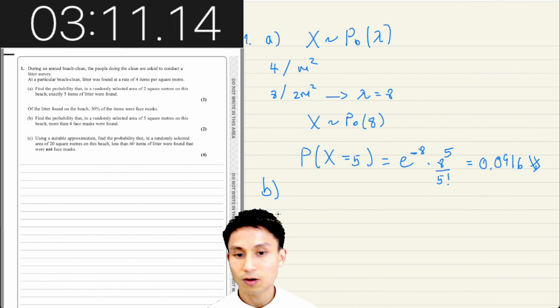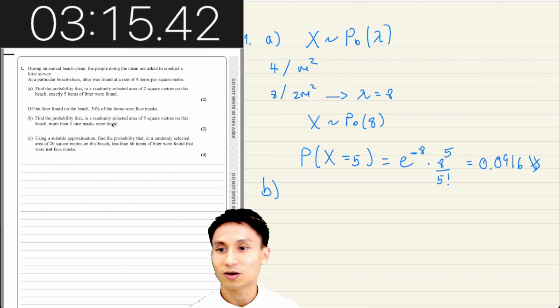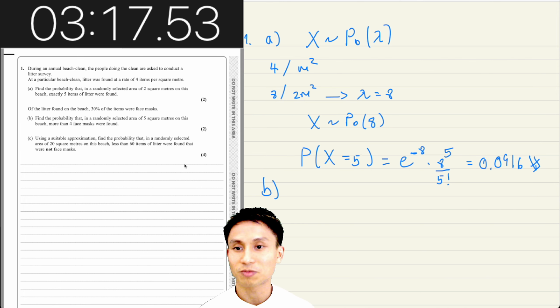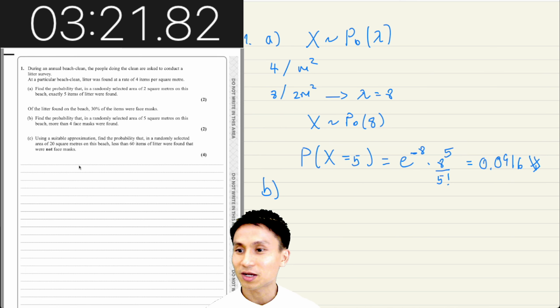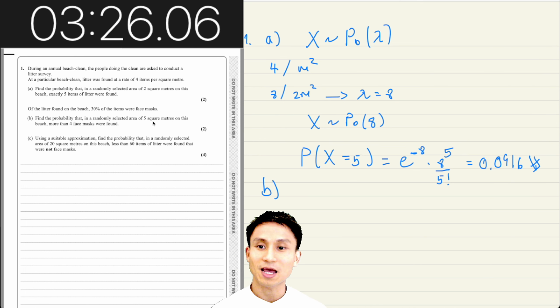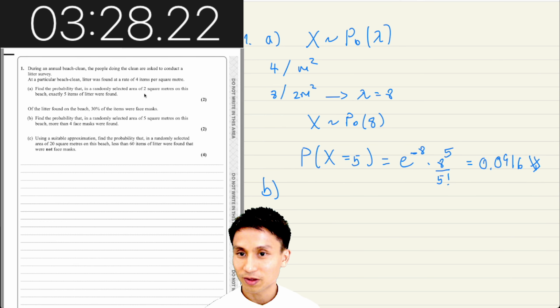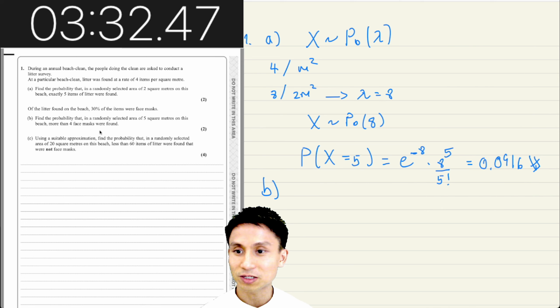Okay, B. Of the litter found on the beach, 30% of the items were face masks. Okay, so it's like, you know, maybe during the pandemic or something. Find the probability that in a randomly selected area of 5 square meters, so now this time it's 5, it's not 2, on this beach more than 4 face masks were found.